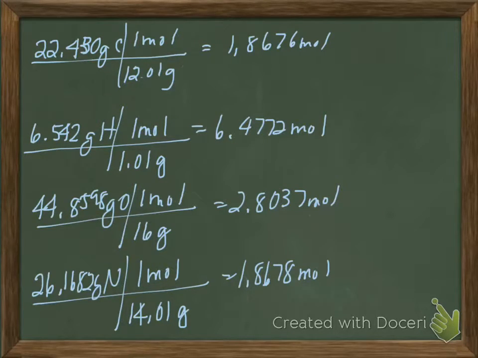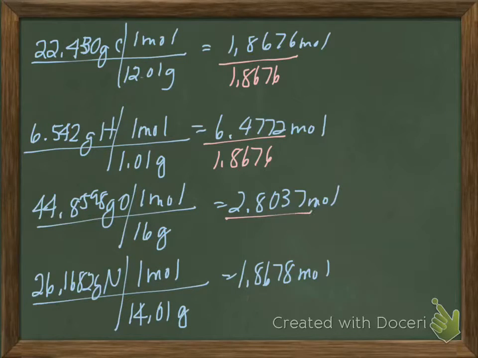Okay, so next step is to divide by the smallest, right? So which one is the smallest? First one. So we know that one's going to be 1, and we know that one's going to be 1.